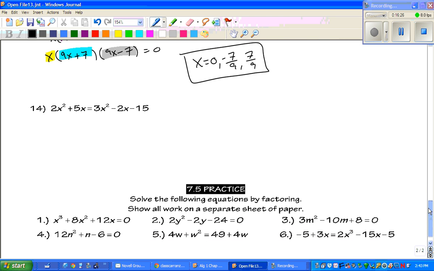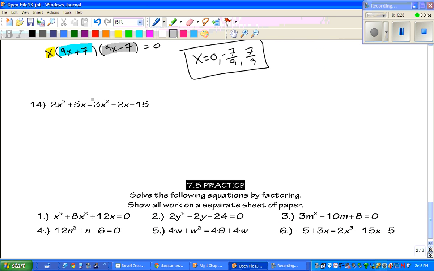Okay, last one. Number 14. My leading coefficient is the x squared. I want to keep it positive, so I have to move the 2x. So subtract 2x squared, subtract the 5x, and we get 0 equals x squared minus 7x minus 15.